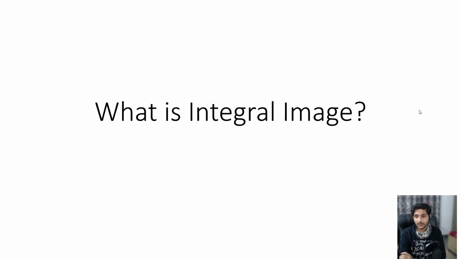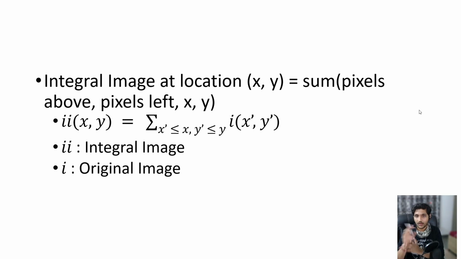So let's go ahead and talk about integral image, which is one of the most important things in this research paper. It's basic, but it's really important. So with this integral image, the first keyword is integral, and by that we always mean finding a sum, right? So think of an original image. At any point location x comma y, the integral image will be what?